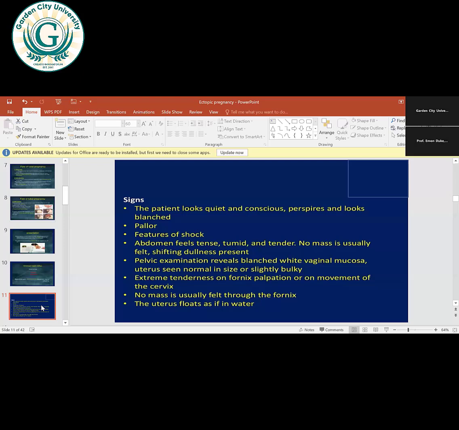The patient looks quiet and conscious, but perspires and looks blanched, that is looking pale. Pallor is there. There are features of shock. The abdomen feels tense, tumid and tender. No mass is usually felt.